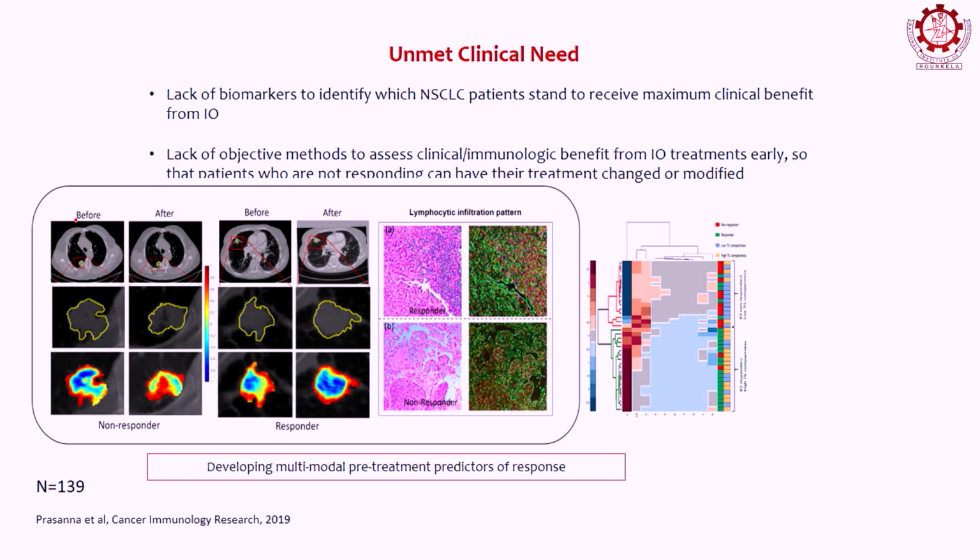What you see here is an example of a baseline scan for a patient who did not respond to therapy. This image was taken before immunotherapy was given to the patient. Here is another snapshot representation of a patient who eventually responded to therapy. If you look at the two images, you clearly see that based on the images, you can't say this patient will respond or this patient will not respond.